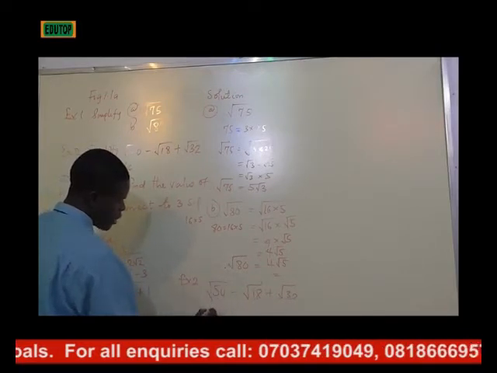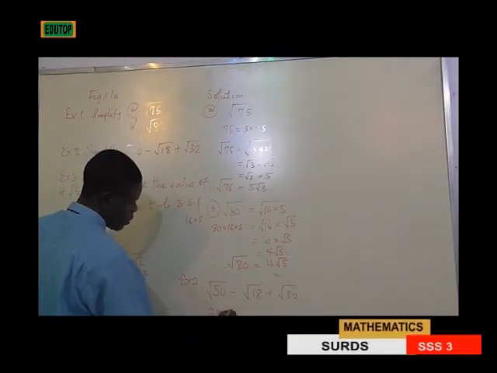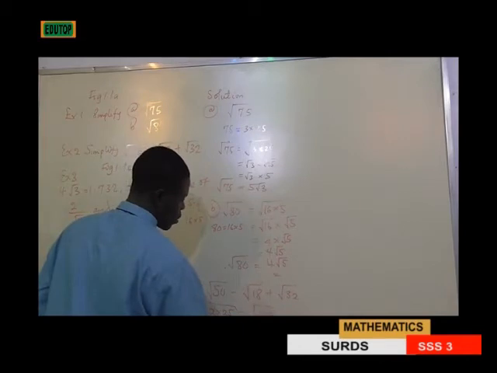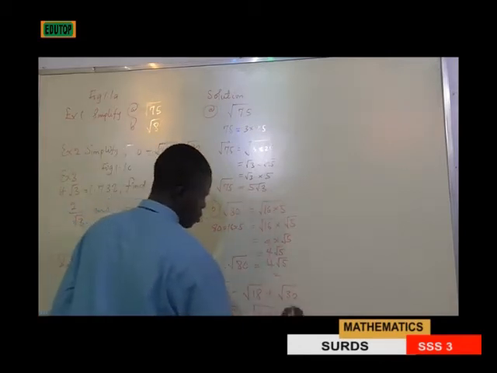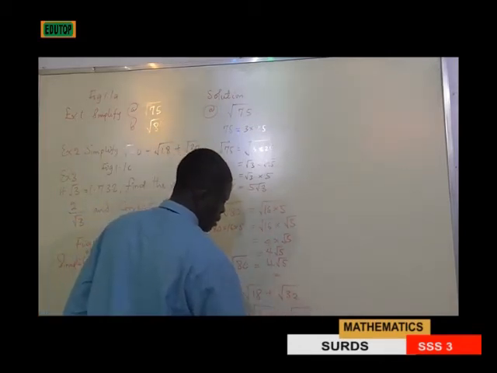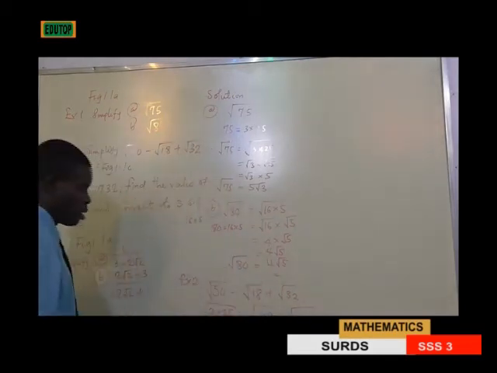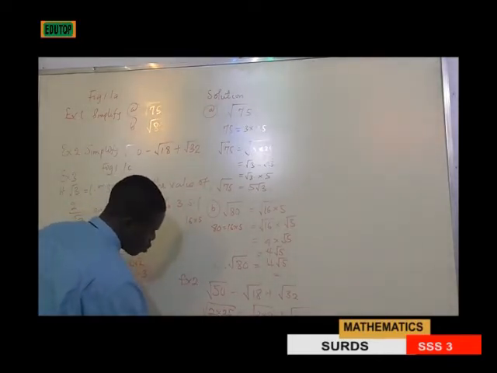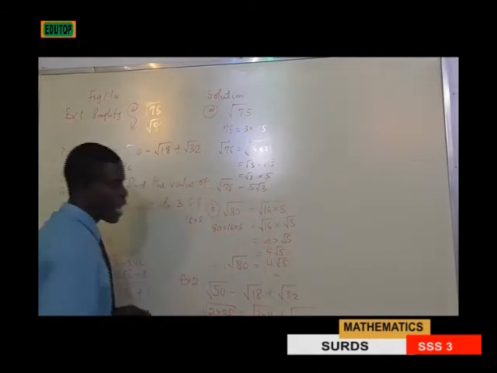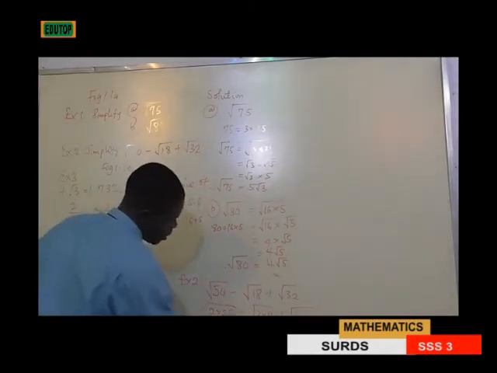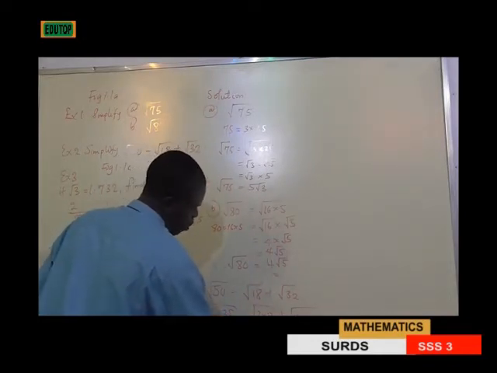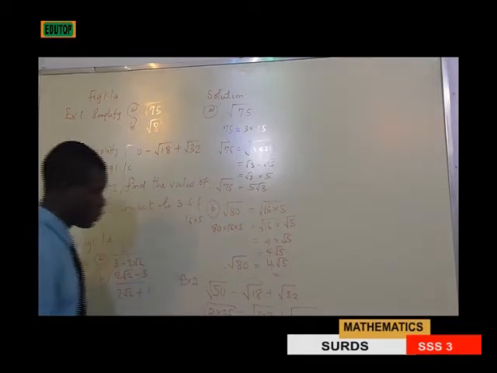If you want to simplify, you can say 2 times 25 will give us 50, minus 2 times 9 will give us 18, plus 2 times 16 will give us 32. The root of 25 is what? 5. So we can write this one as 5 root 2 minus the root of 9, which is 3, so 3 root 2, plus the root of 16, which is 4, so 4 root 2.